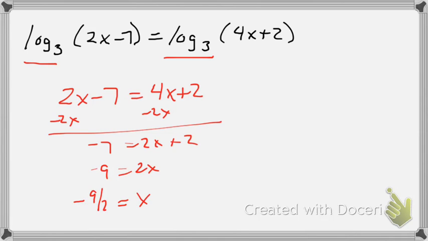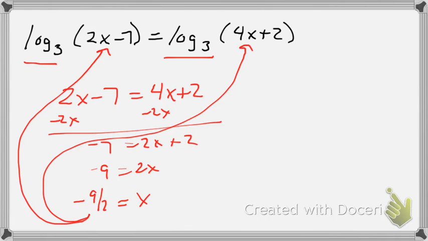So when we put negative 4.5 in, call me crazy, but I think we get negatives up there. Negative 4.5 times 2 is negative 9. And negative 9 minus 7 is negative 16. So those two parentheses are going to be negative 16s, which means that the answer doesn't work.